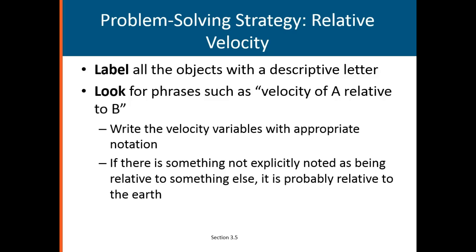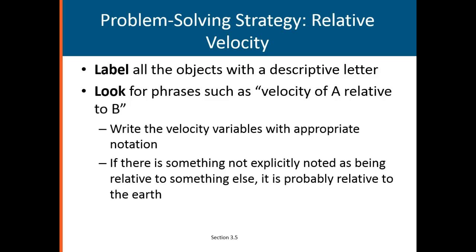Now, here are the problem-solving strategies for relative velocity. Label all your objects with a descriptive letter. If they're cars A and B, make them A and B, or whatever. Look for phrases such as velocity of A relative to B, and then identify which those are.